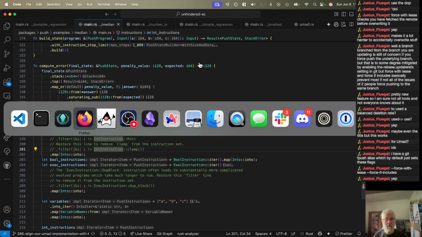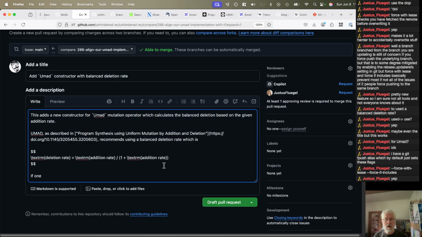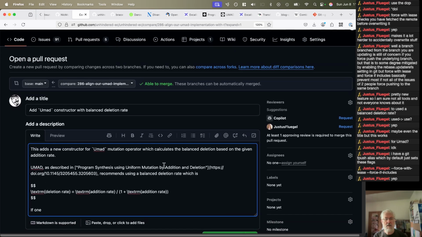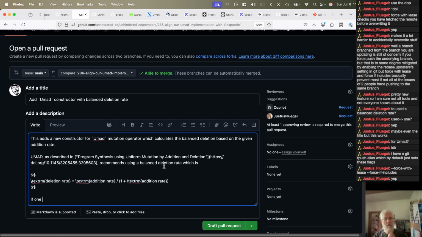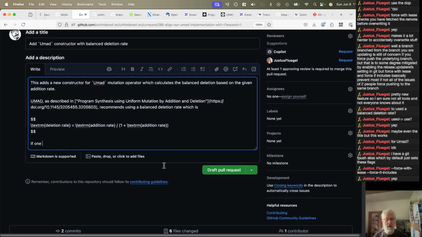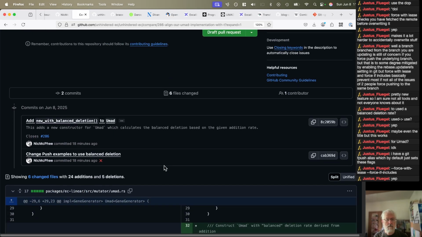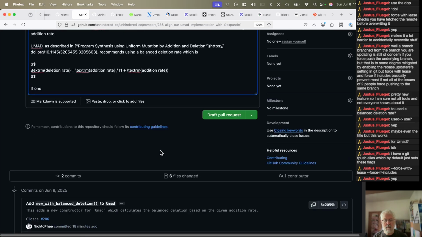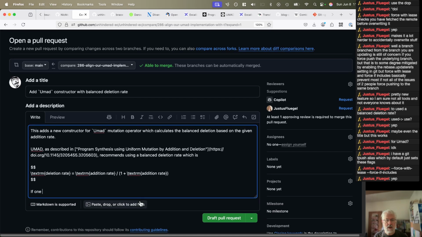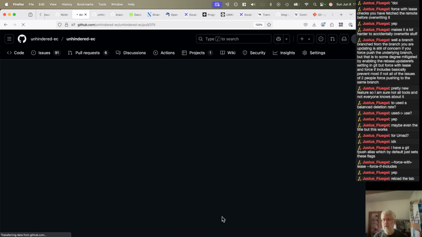Now, oops, no, I don't want to be there. I want to be here. Oh, I hadn't actually created the pull request. Probably should have created the pull request first, because then it would have been more interesting. But this did update. No, this is still looking the same because I'm probably in this edit thing. Let's just draft something.